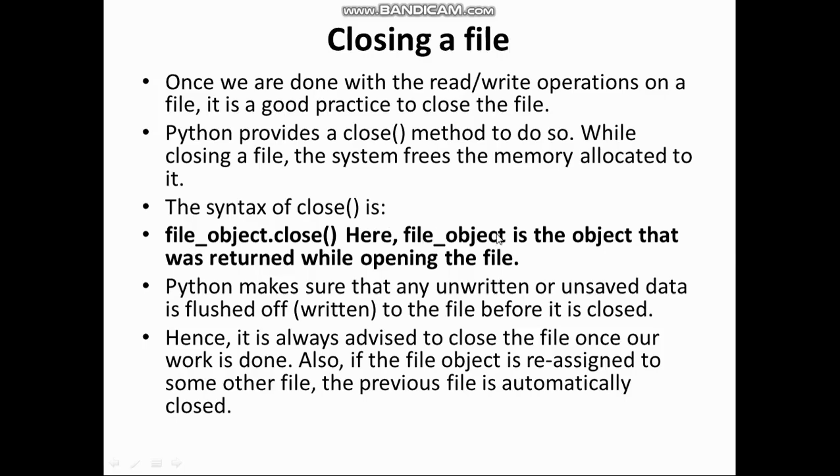Here the file object represents the file opened, or you can say that the file object is the object that was returned while opening the file. Python makes sure that any unwritten or unsaved data is flushed off, meaning it is written to the file before it is closed.